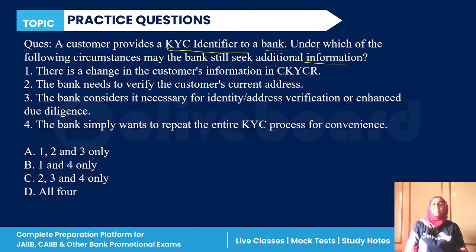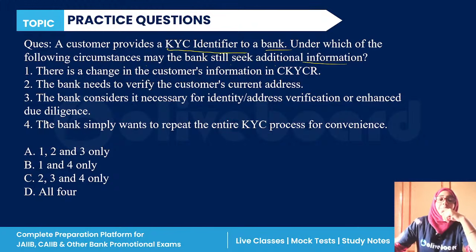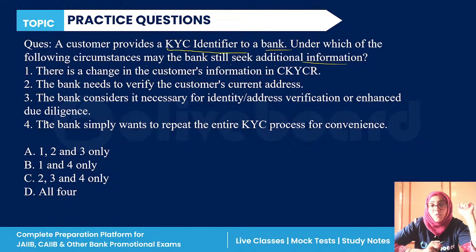Under which of the following circumstances may the bank still seek additional information? You can all answer this question. Easy question, everyone. Additional information is required in which of the following cases? Okay, Anuj is saying C, 2, 3, and 4. Okay, and everyone else? Just read the question carefully once. Then you can all answer this question.